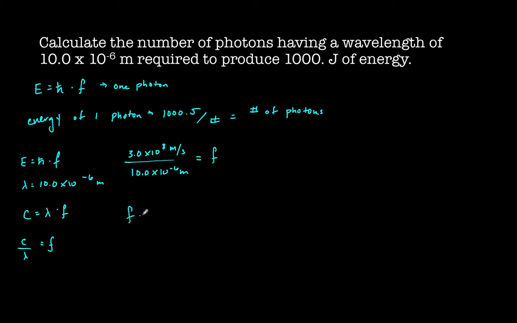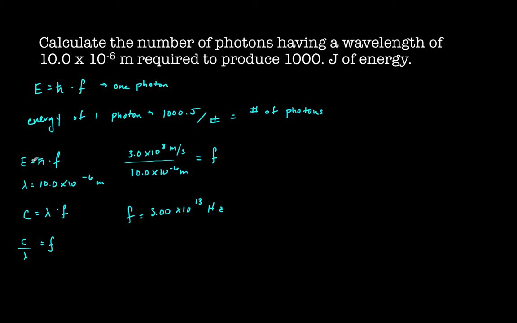Whenever you plug it in, 3e8 divided by 10.0e negative 6, I get a frequency of 3e13, and I need 3 sig figs here. So 3.00 times 10 to the 13th hertz is going to be my frequency.